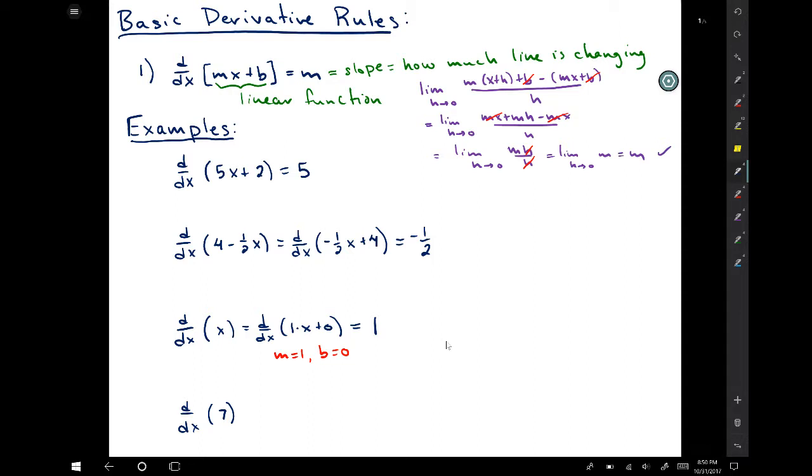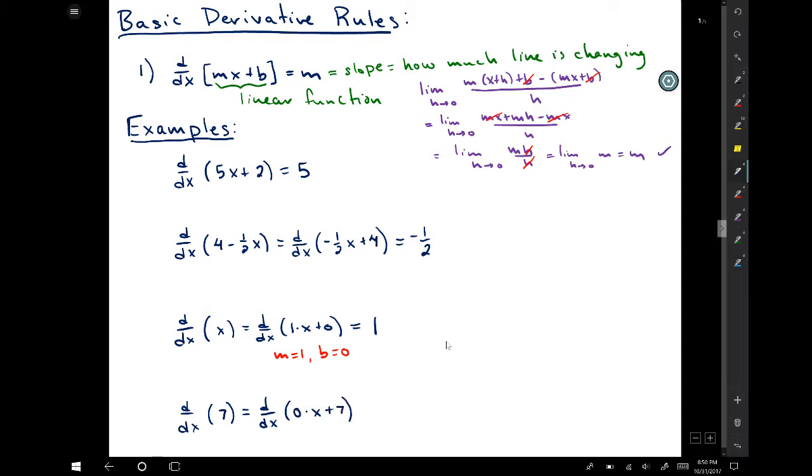And likewise, we can rewrite 7 in the form mx plus b, writing it as 0 times x plus 7. So here, m is 0 and b is 7. And so when we take the derivative of this, we get 0.